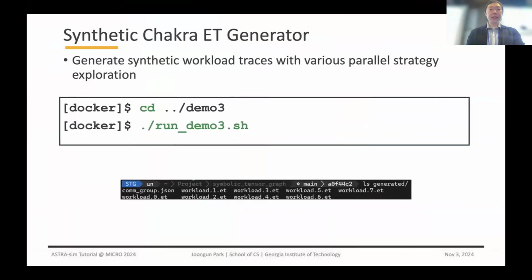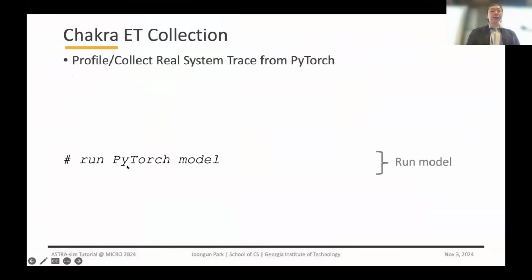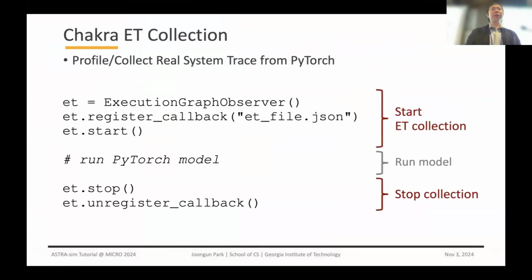And next, now we want to collect the real traces from an actual run from PyTorch. We use PyTorch's profiler to get those 2 different traces, as we got the information from the earlier demo.